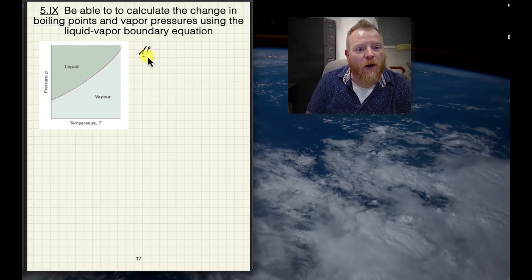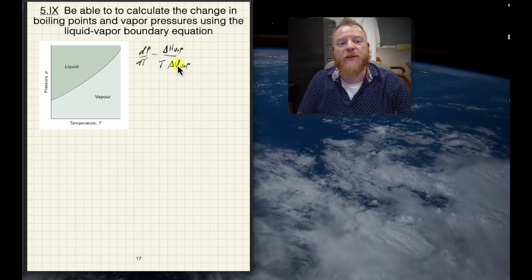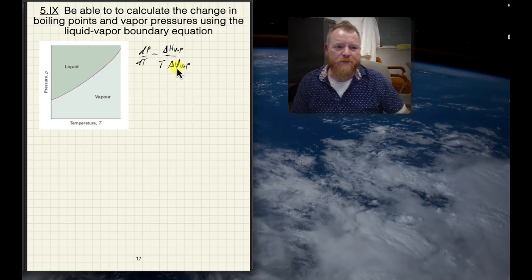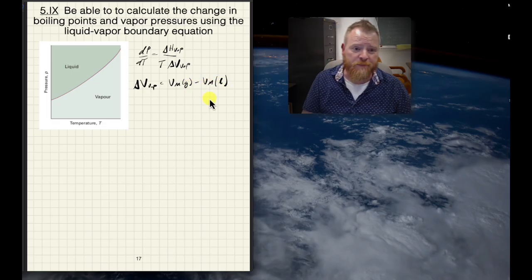So we still will apply the Clapeyron equation, dP over dT. And this time we're considering that this is vaporization, so that's delta H of vap divided by T times delta V of vap. Now, considering this delta V of vaporization, that's going to equal the molar volume of the gas minus the molar volume of the liquid.